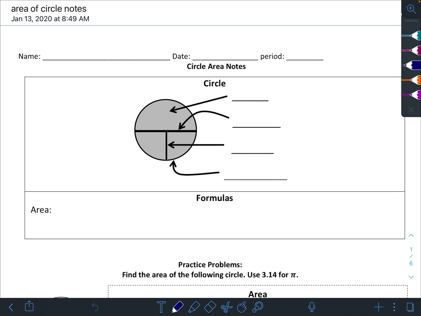So the part inside of the circle, all of this stuff on the inside, that is obviously our area of our circle. This distance that goes all the way across your circle is called the diameter. Now your diameter goes all the way across.